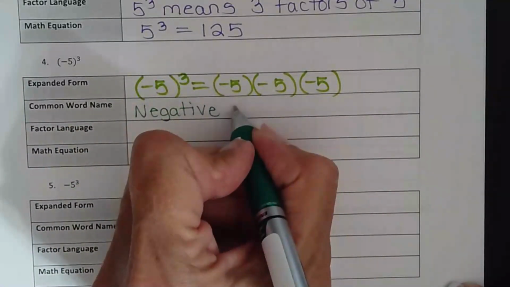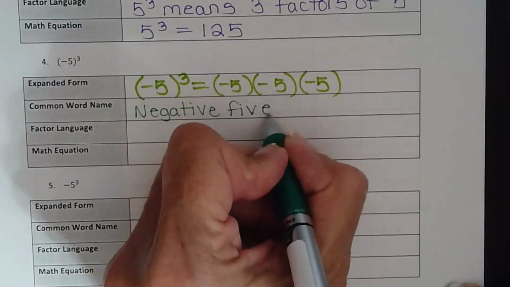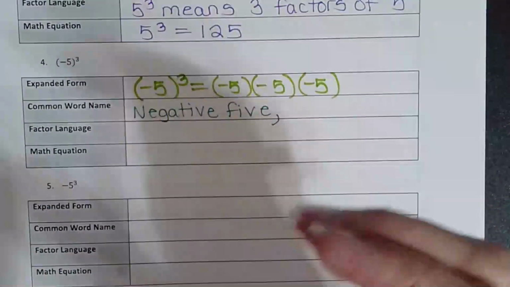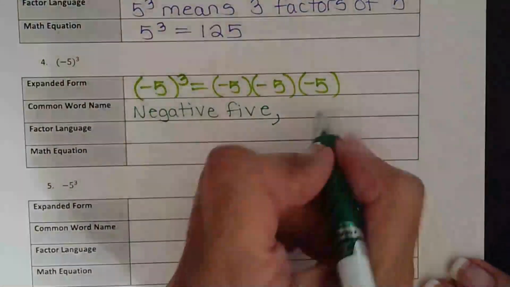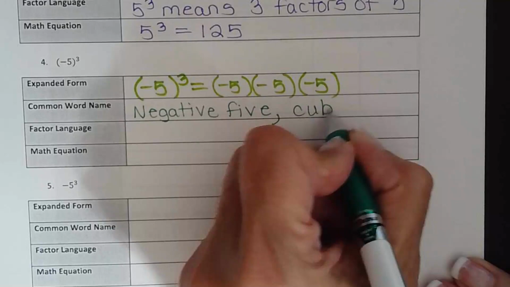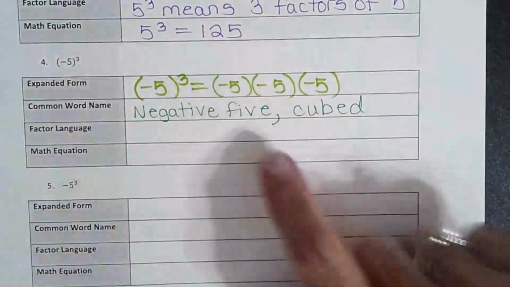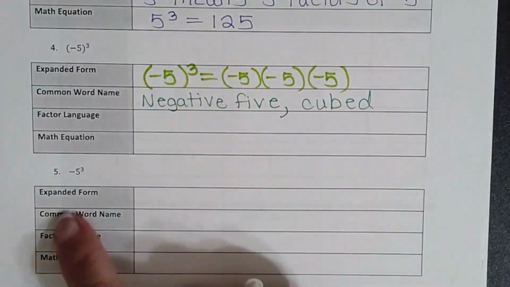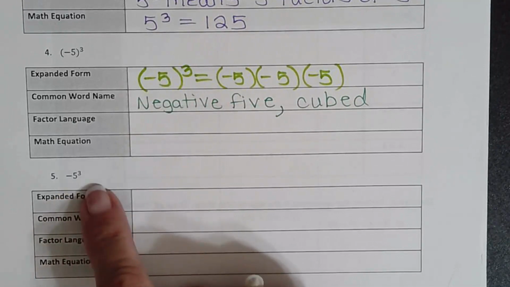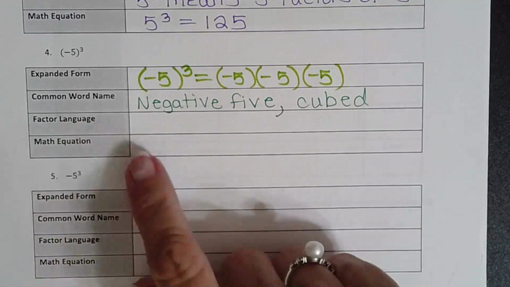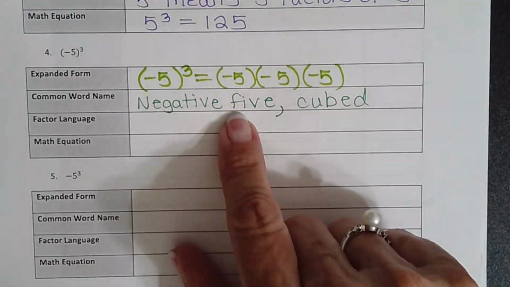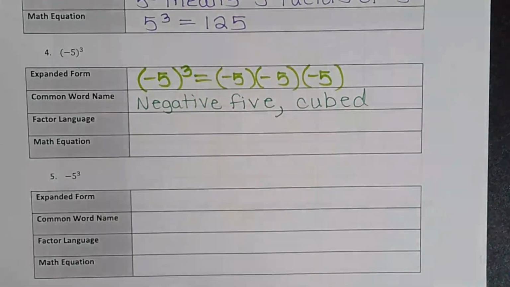I just think this is a little bit easier. -5, comma, so that means all of that cubed. If you don't put the comma in, then it means this, -5 cubed. But this means the quantity -5 cubed.